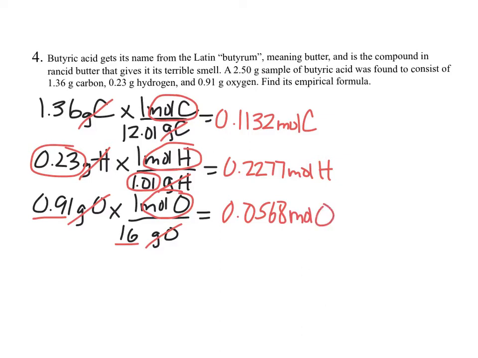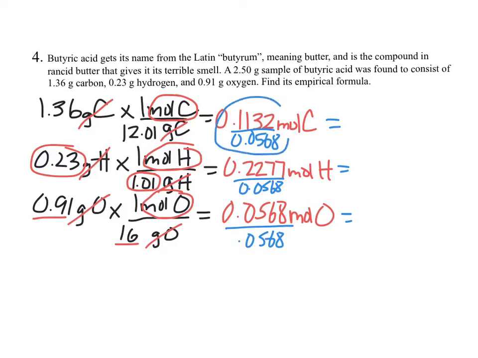All right, do you remember what the next step is? Now that we have our moles, we want to divide by the smallest moles for everybody, which is 0.0568. So let's divide everybody by 0.0568. What that is going to do is hopefully give us close to whole number ratios of each kind. If you take these and divide them, you get a number that's rounded and very close to 2.